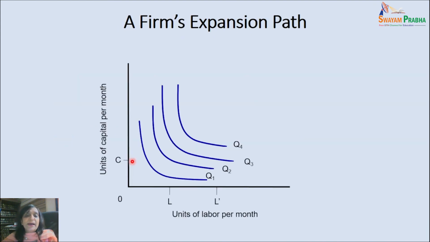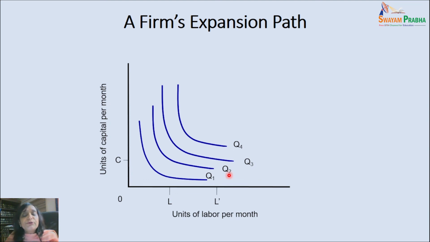Let us see. This is an expansion path which we are deriving. Let us say these are the various isoquants. This is an isoquant map, each of Q1, Q2, Q3, Q4 representing a particular level of output which the firm can produce. Now, as the firm moves higher on the isoquant map, the output produced increases.